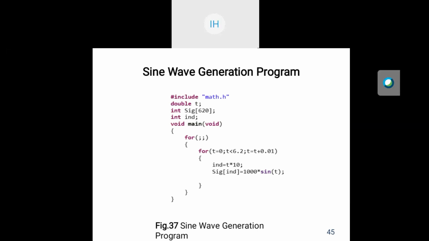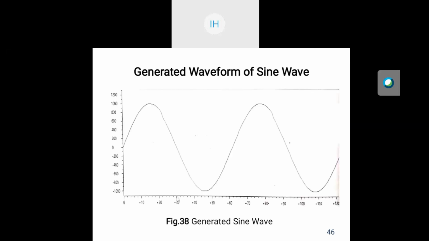Yes, ma'am. Show me the graph. So where is 6.2? Ma'am, actually for one waveform, for one cycle, it goes to nearly 62.